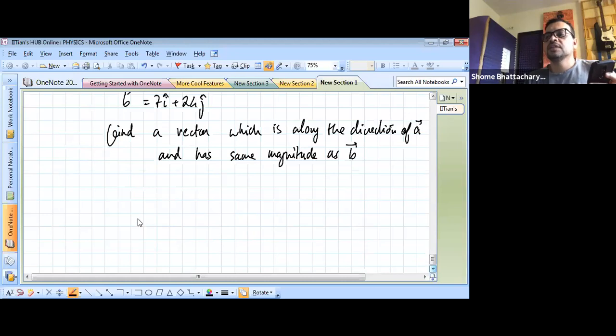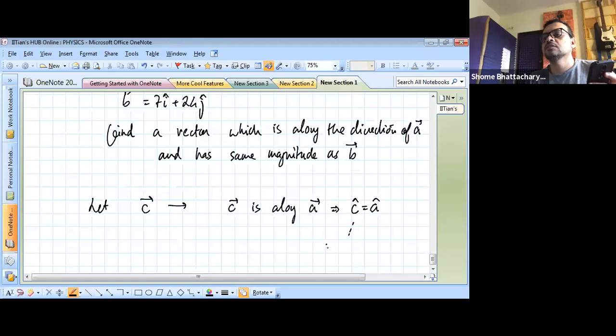So we can think of this question like this: let's say the vector C is this one, such that C is along vector A. What that means is that C cap is equal to A cap.